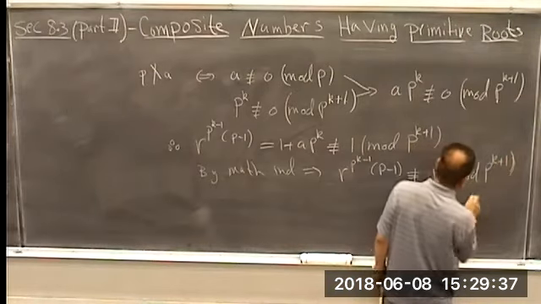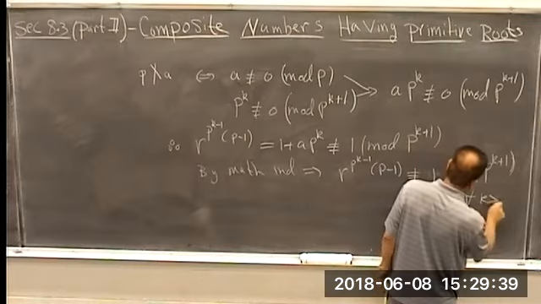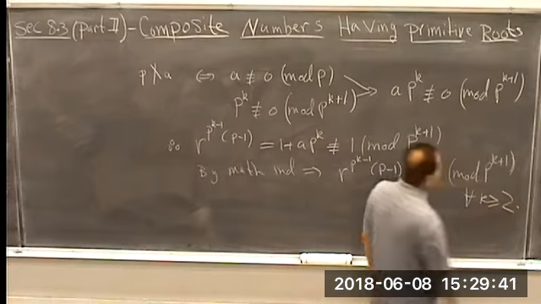And now this is the proof for every k bigger than or equal to 2.